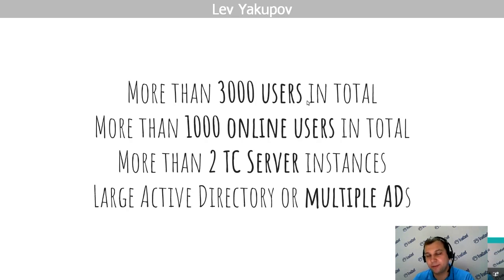So if you need more than 3,000 users, then you have to switch to enterprise solution. If you are going to have more than 1,000 concurrent users, we call them online users, that's another case to switch from a regular TrueConf server to enterprise deployment.